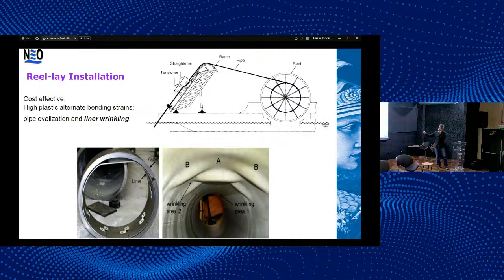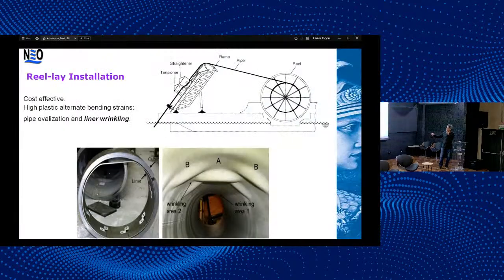You can have a detachment between the liner and the outer pipe because the connection is not metallurgical, it's mechanical. And eventually, if not well designed, you can induce the formation of a shell buckling, the wrinkling, which is not accepted. And the use of glue may avoid this condition.